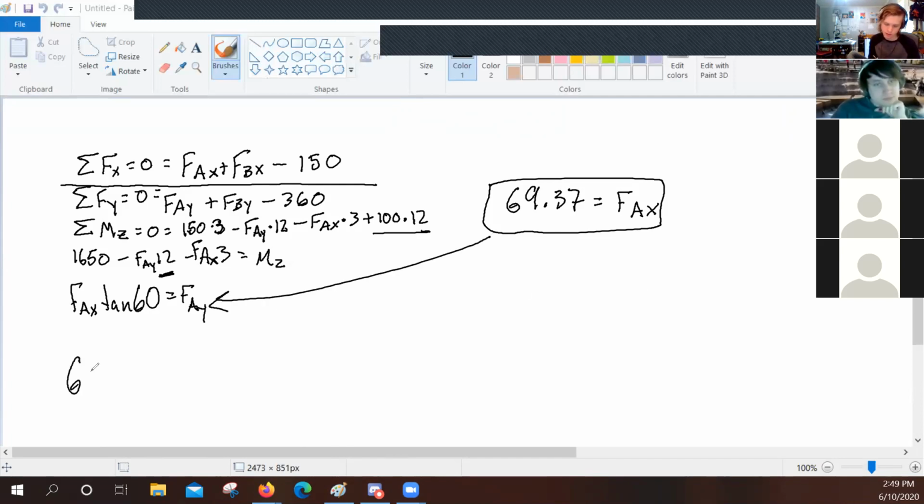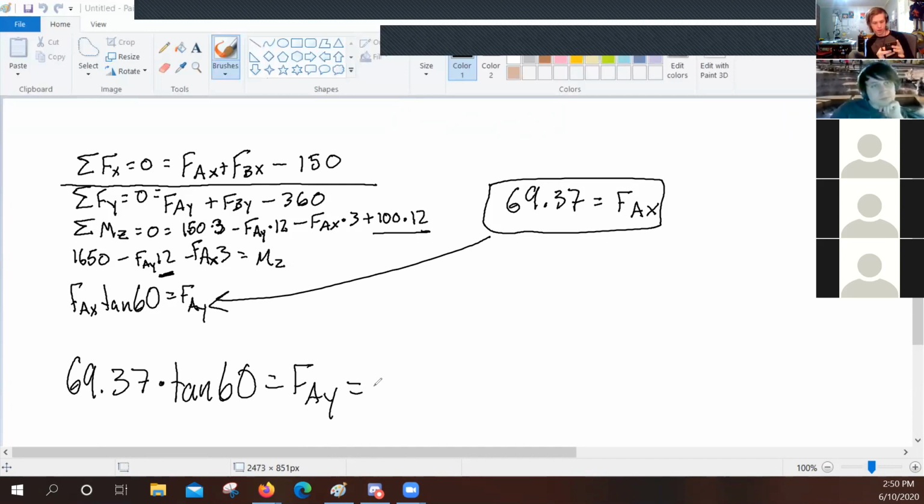So I can say 69.37 times tangent of 60 equals Fa of y, which equals something we're going to find out in a sec. Tan 60, there we go, which equals 120.16.